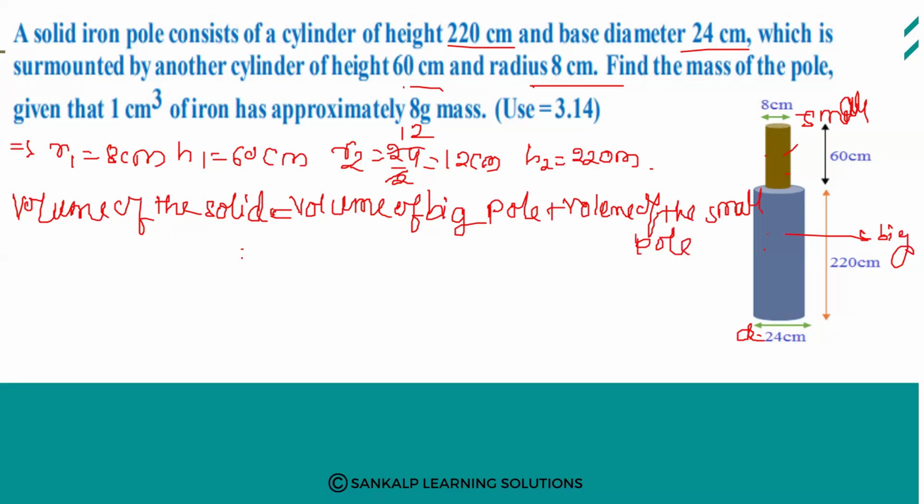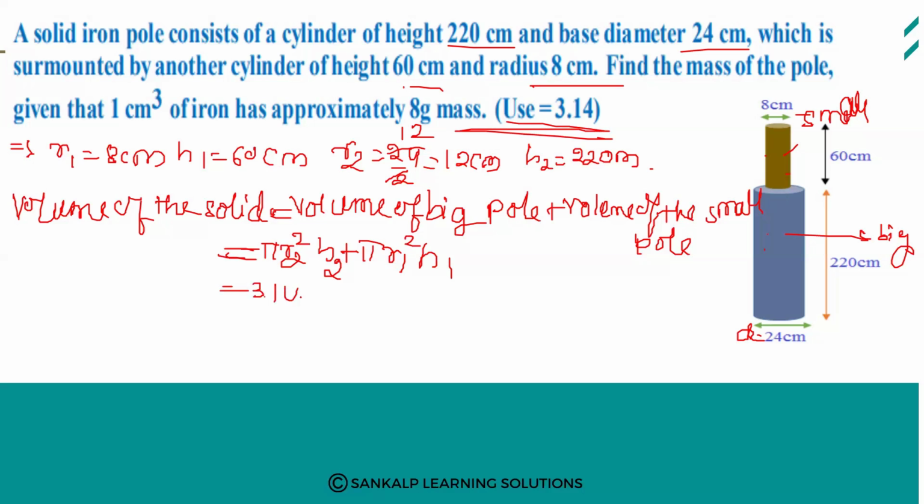Now, volume of the big pole is pi r square h, since it is in cylindrical shape. Here it is pi r2 square h2 plus pi r1 square h1. Pi value is 3.14.